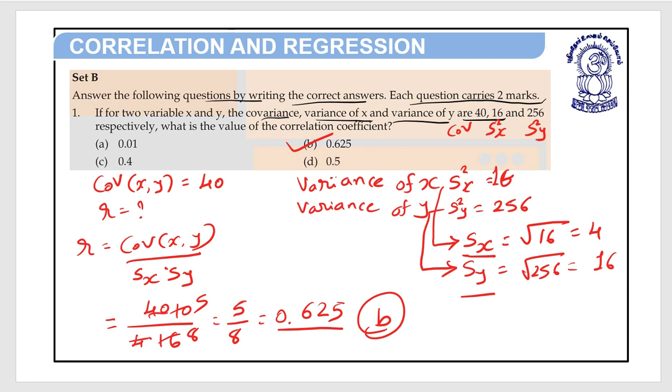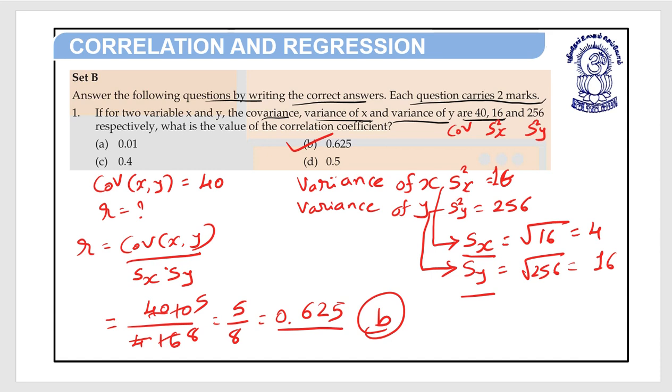Write down first all the given data, then write which coefficient or which value we have to find out. Then write down the formula and put the values, and in the last you will get the answer after solving these.